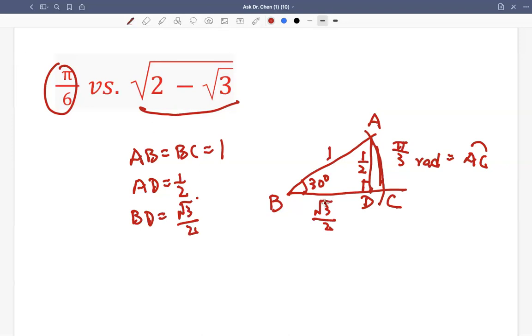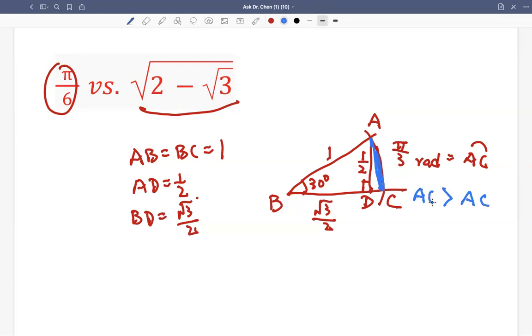And then we see, obviously, from here, let's draw another one. Let me change my color. I can draw from A to C straight. So this is straight from A to C. And the arc length of AC is greater than the straight line AC, right?